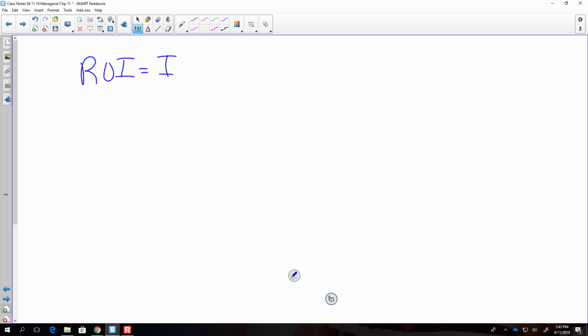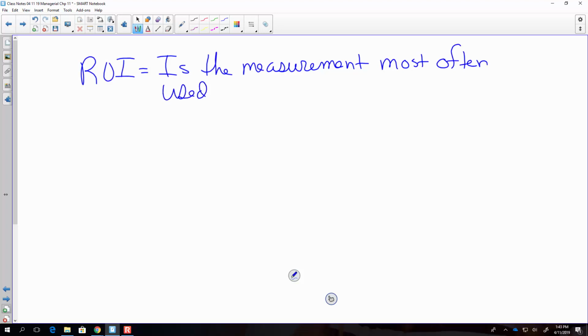ROI is the measurement most often used by companies in their performance evaluation.